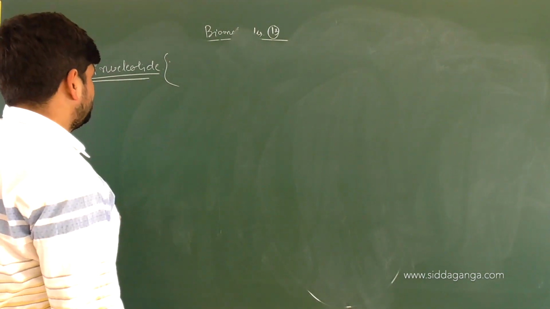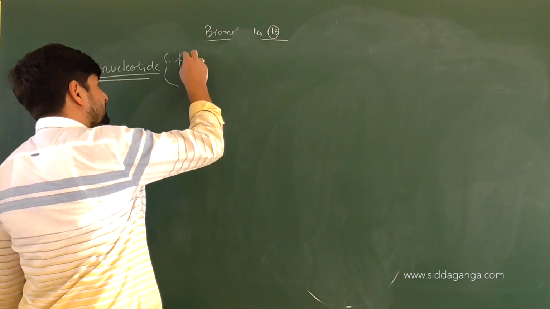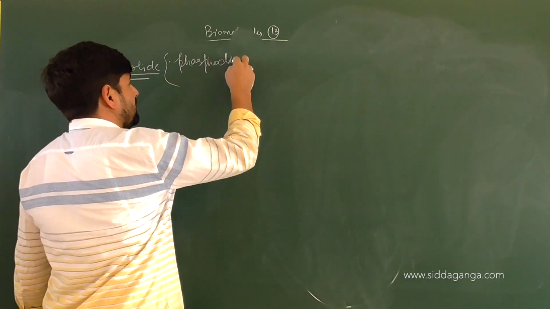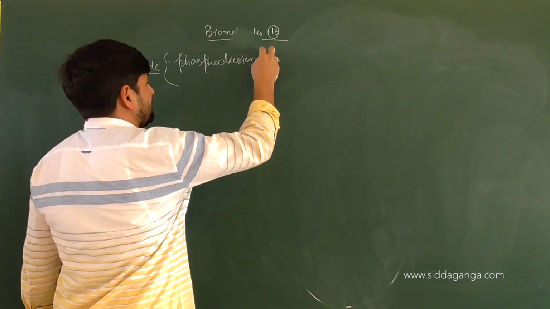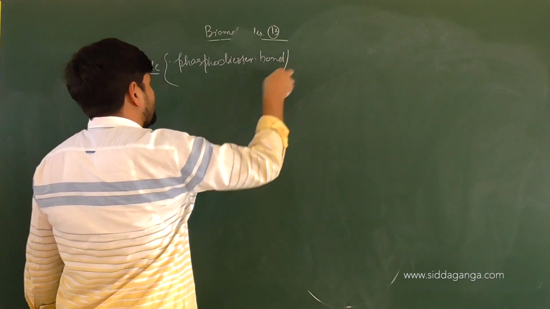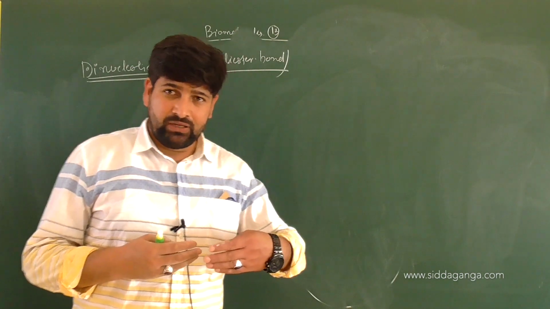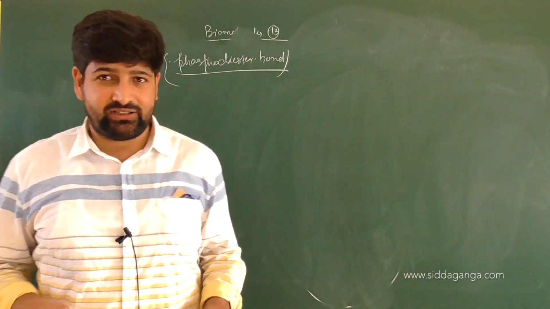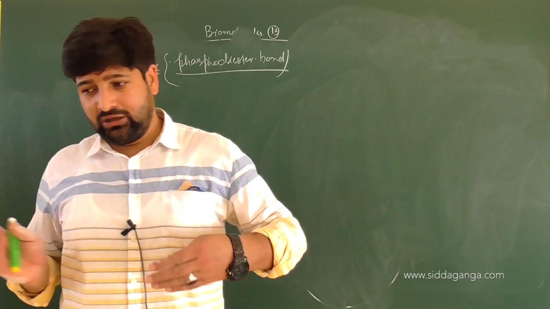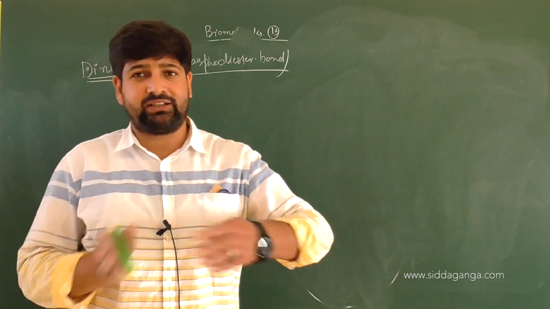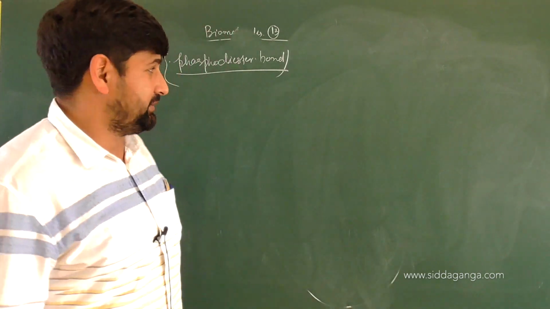Basic thing. What's the linkage? Phosphodiester bond. Why is it called a phosphodiester bond? Because around phosphate there will be two ester linkages. So RCO, in between the phosphate ester. So the phosphodiester linkage will be exhibited there.